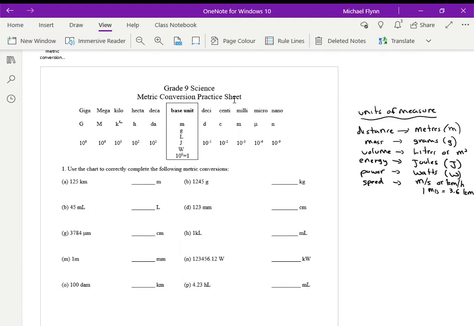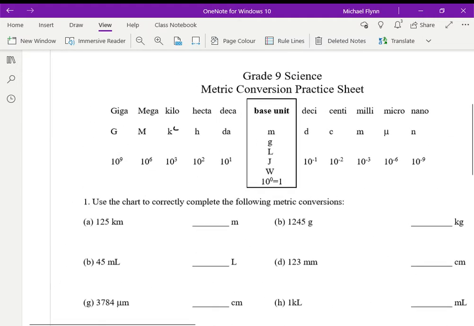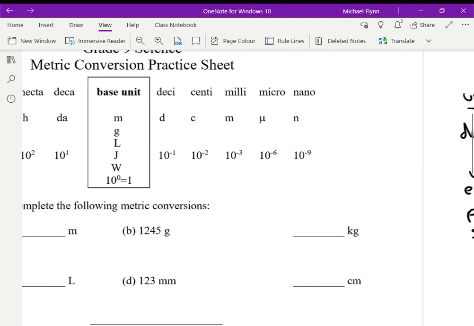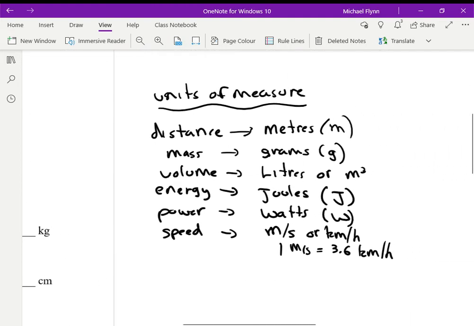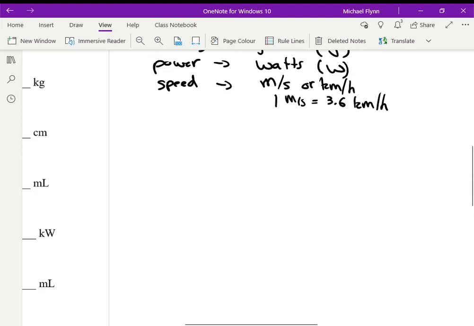Okay, so here's the deal. I'm going to zoom into the margin here. We'll talk about this chart in a moment, but before we do the chart, we're going to talk about math, how you do certain powers of 10.